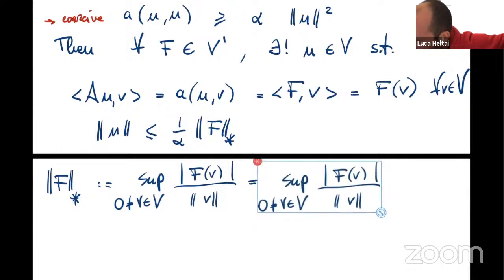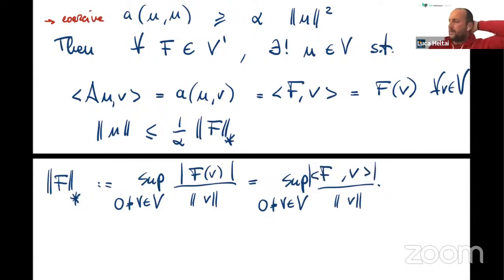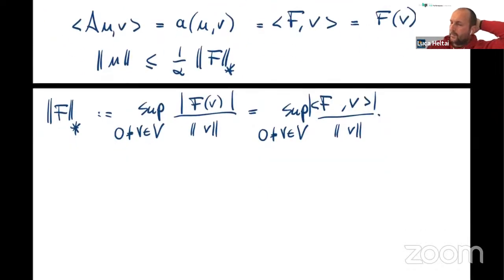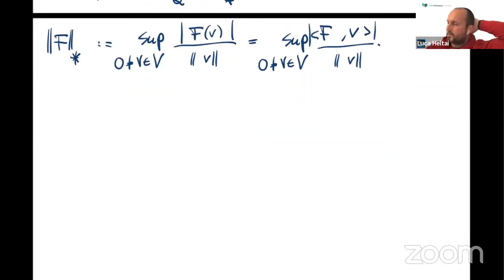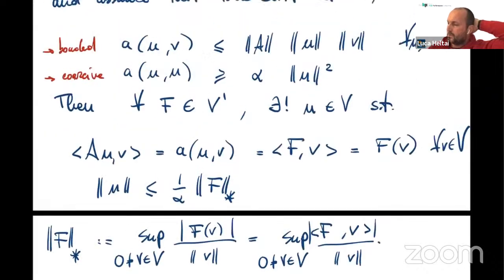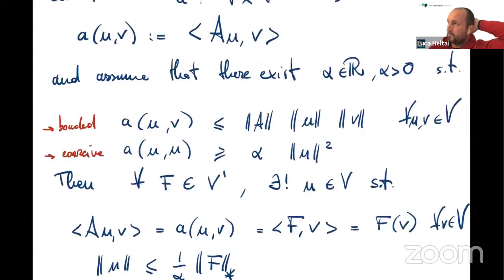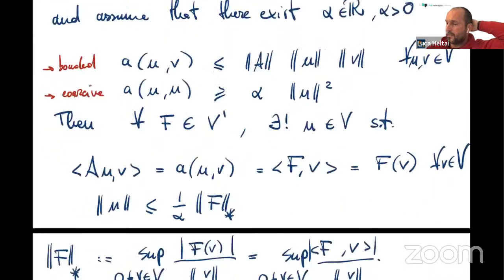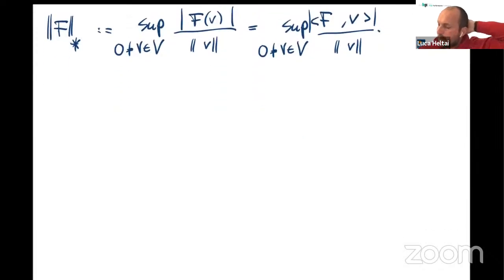Depending on which way you prefer, this can be written as the duality product of f, comma v. Okay. So far, so good. Any questions? Okay, I'm taking that as a no, there are no questions.